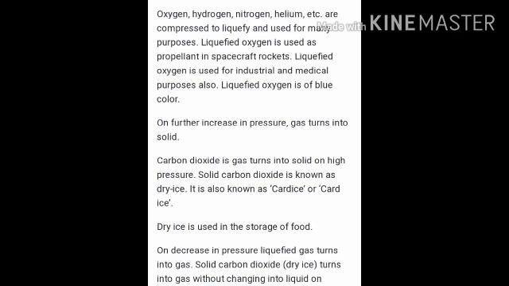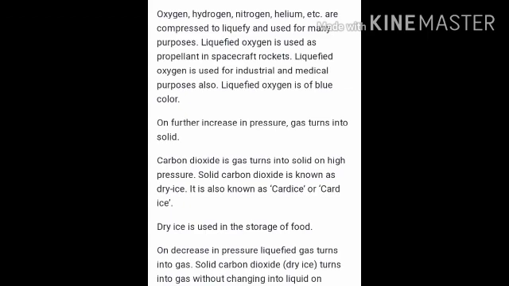You can see in this slide gases like liquefied oxygen, which is used as a propellant, as a fuel in spacecraft rockets. Liquefied oxygen is also used for medical and industrial reasons. How is liquefied oxygen formed? If the oxygen gas is pressurized, it is converted into liquid, and liquefied oxygen is of blue color.